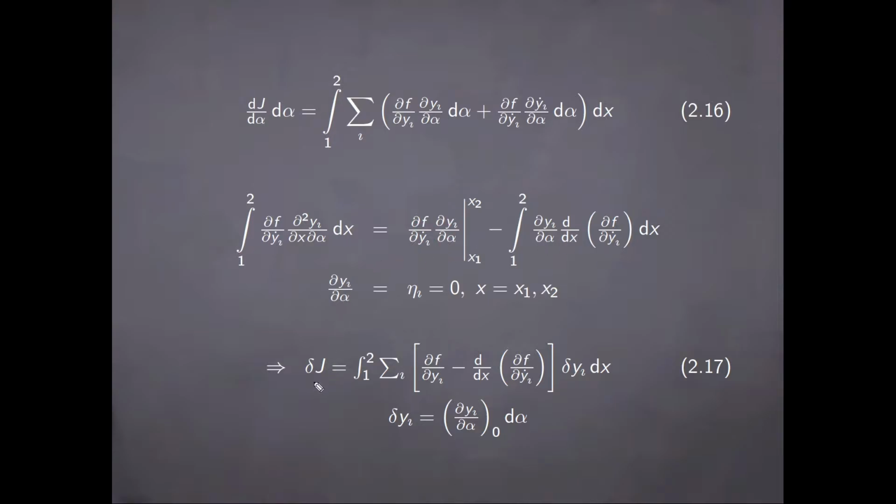And as such, the variation of J is given by essentially a sum of integrals, each integral containing the variation of a given function y of index i and this coefficient.